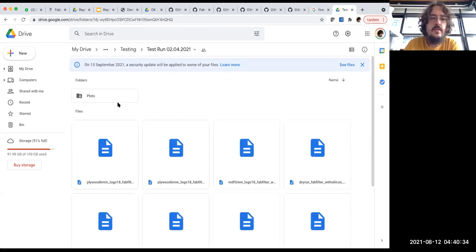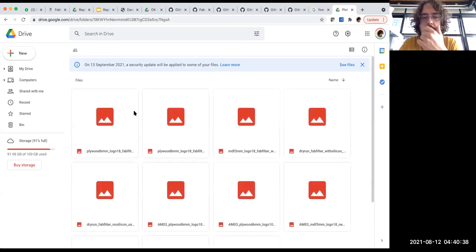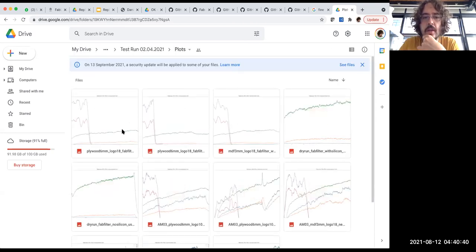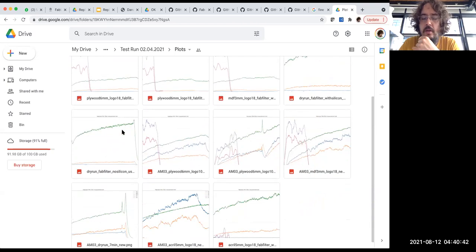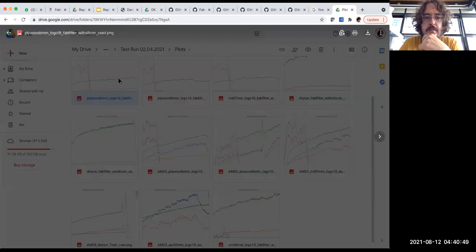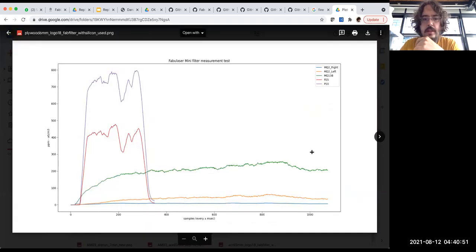So here there are some test runs. I did the script in Python. It's a simple script that communicates with the microcontroller. And here there are tests in different materials. So for example, this is our filter results cutting, I think. So here you see there are 2 MQ2 sensors, one on the right, one on the left.